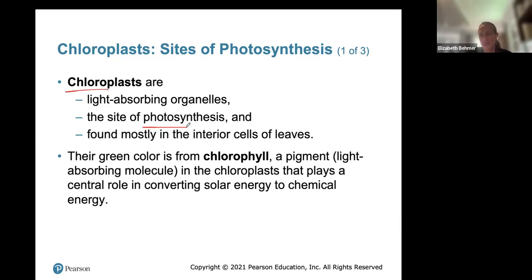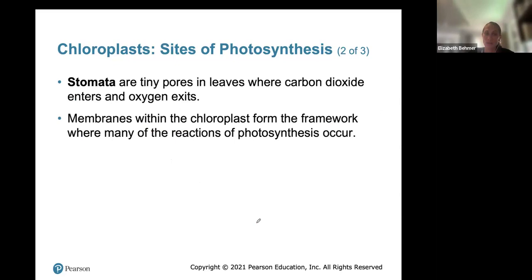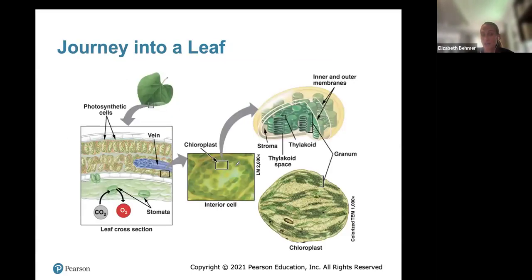They're mostly found in the interior cells of leaves. Their green color is from chlorophyll, which is a pigment that absorbs light in the chloroplasts that plays a central role in converting solar energy to chemical energy. The stomata are tiny pores in the leaves where carbon dioxide enters and oxygen exits, and membranes within the chloroplast form the framework where many of the reactions of photosynthesis occur.